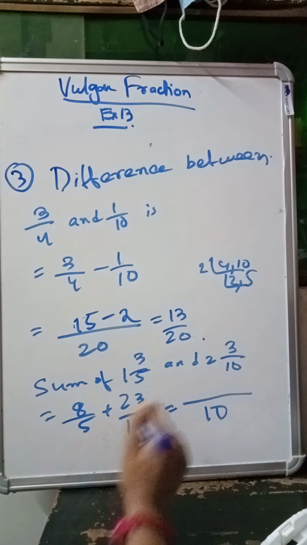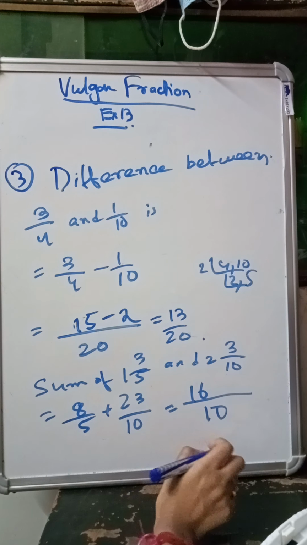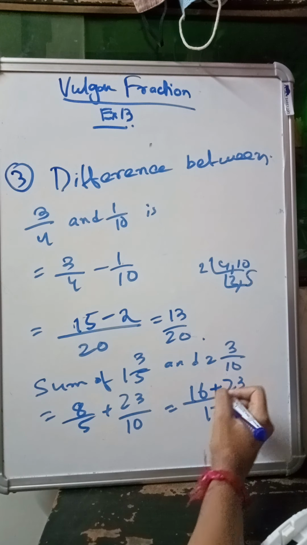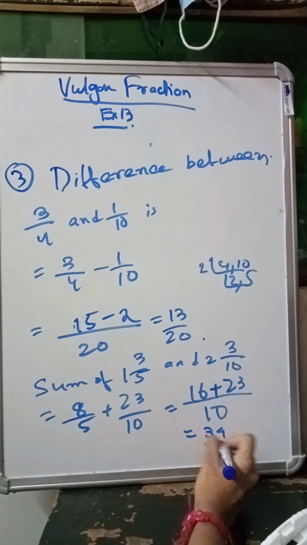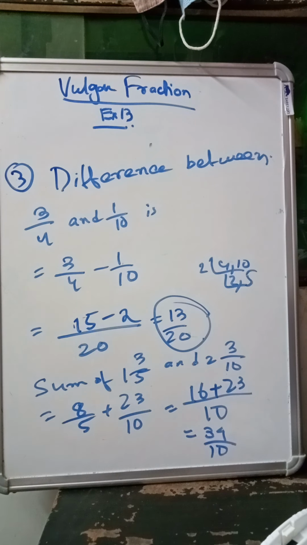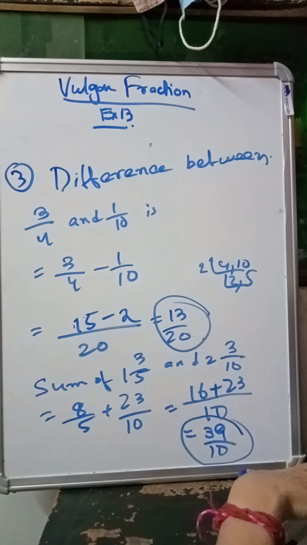If I multiply this by 2, then we get 16, and this is 23 only. So we will get 39 by 10. Remember this: the difference is 13 by 20 and the summation is 39 by 10.